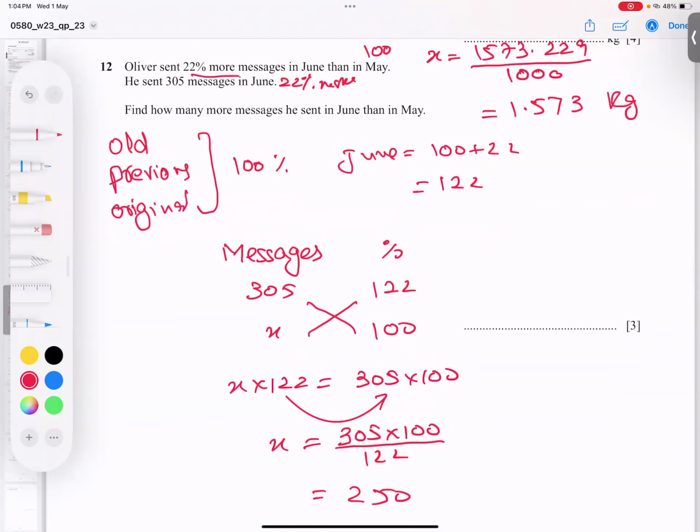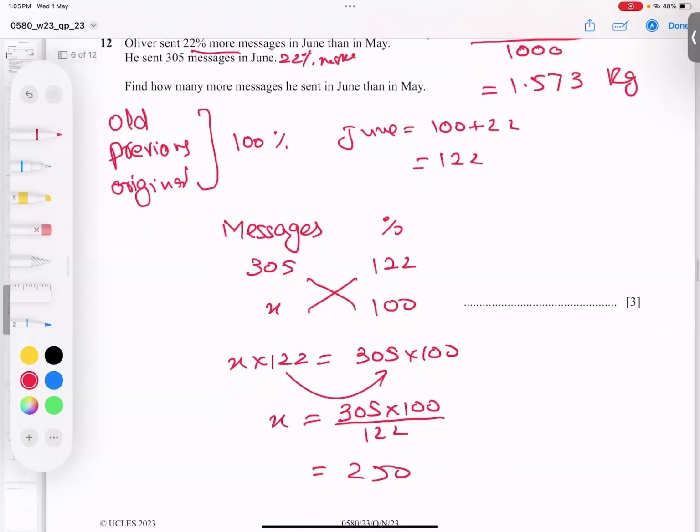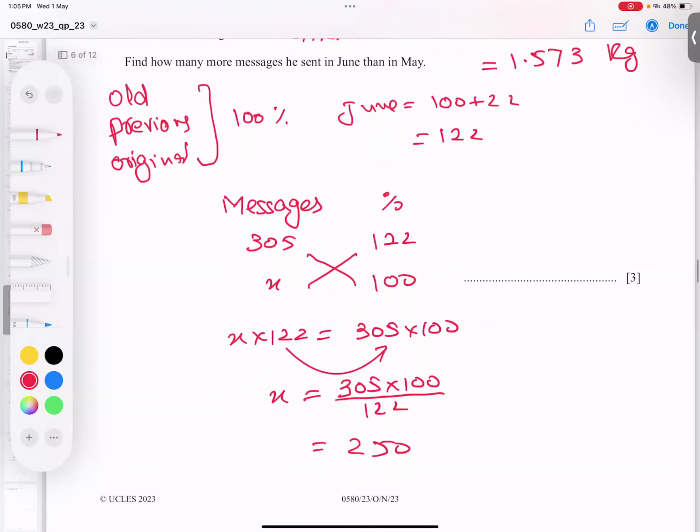305 sent, 22% more in June compared to May. So in the month of May, he is doing like 100, and in June, 122%, 22% more. And he sent 305 messages in June. How many more messages did he send in June? So now we have to subtract.